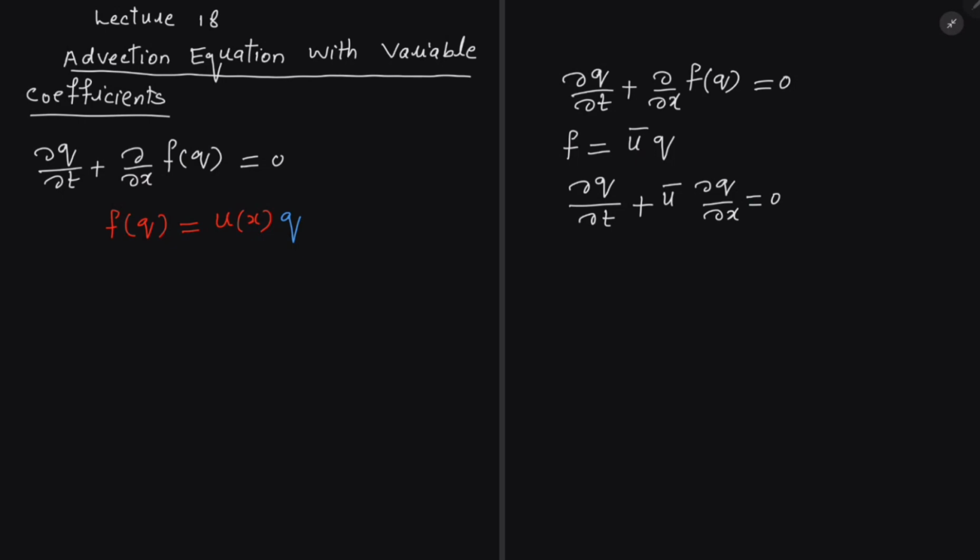So in this case, for variable coefficient, we define the flux function where this u is no more a constant, but depends on x. We put this value into the above equation 1: partial q by partial t plus partial by partial x of u of x q is equal to 0.